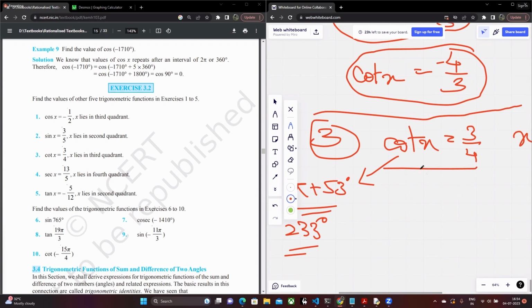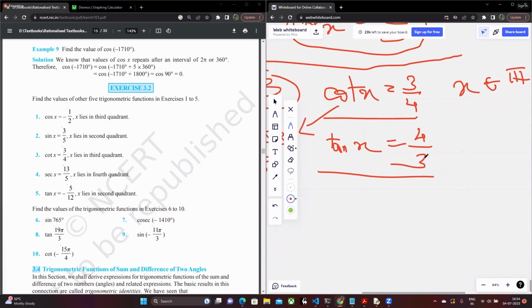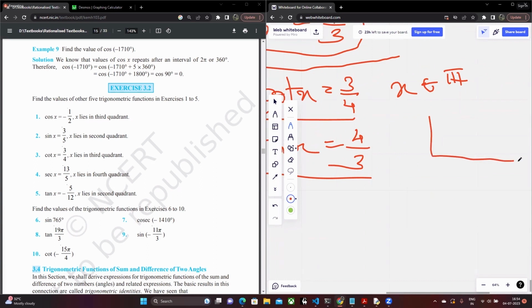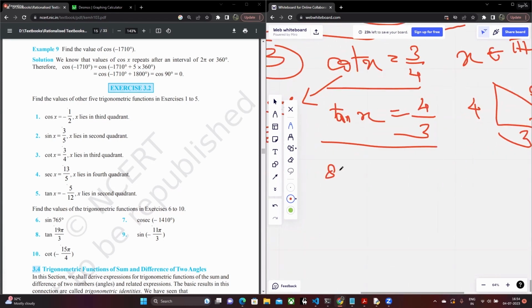Since you have that, that means that tan x is basically equal to 4/3. And since x is in the third quadrant, that means sin and cos both are negative. And since you have the angle x over here, this to be 4, this to be 3, and this to be 5, that means sin x is going to be equal to minus 4/5.